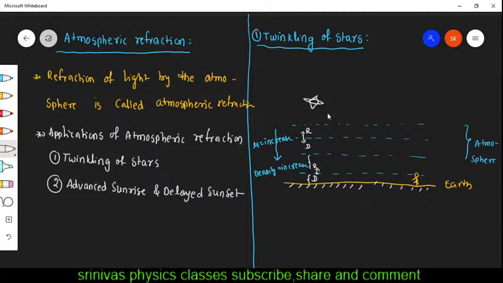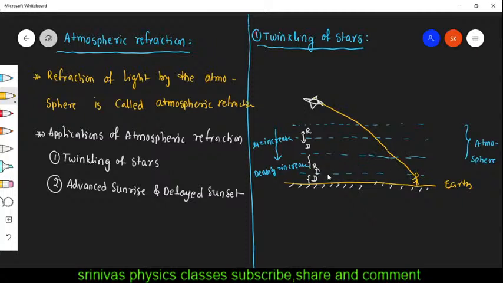Like this, the light emitted from the star passes through the different layers of atmosphere. While passing through the different layers, it bends, and finally reaches the person. That means it cannot go in a straight line here. The light bends and travels like this.